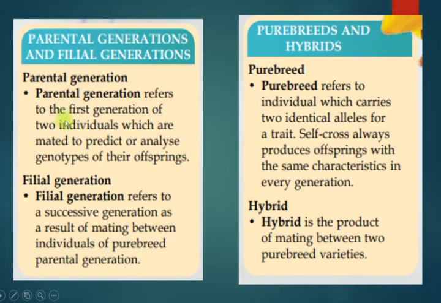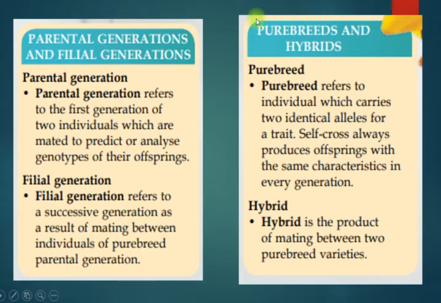Filial generation refers to a successive generation as a result of mating between individuals of the purebred parental generation. It is the offspring produced from the cross of the parental generation.